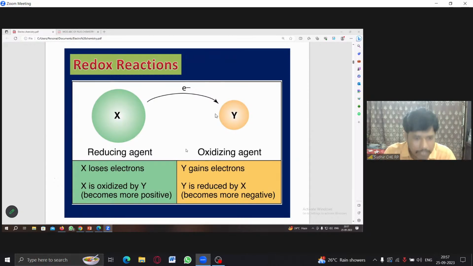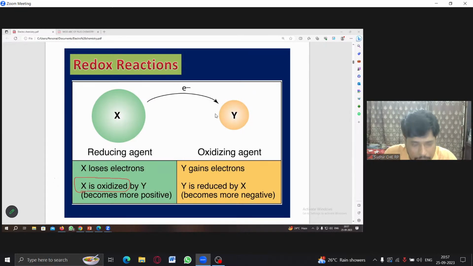Based on that nature of the species, we are defining the process, in which kind of process it is involved. Because of electropositive character, that species is always losing electrons, so there will be an increase in the oxidation number, and we say it is oxidized.